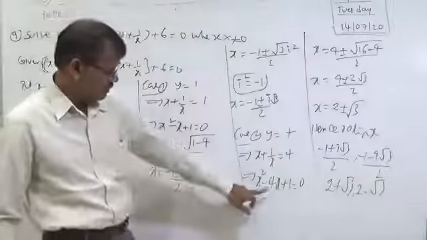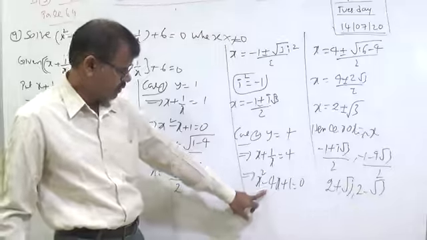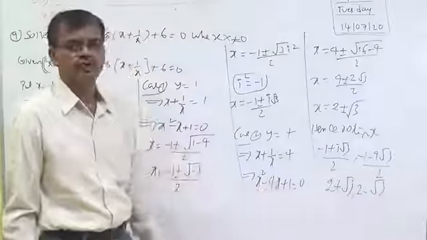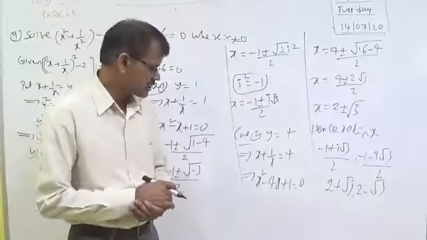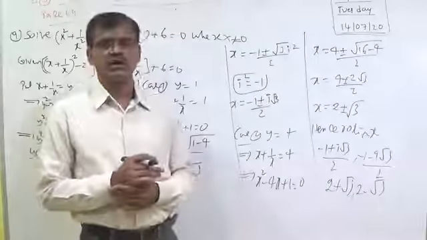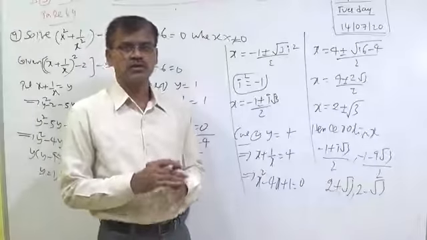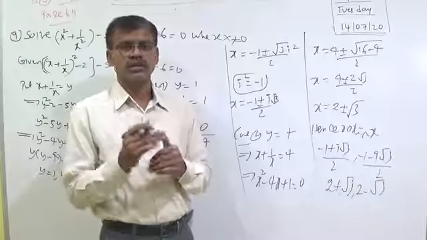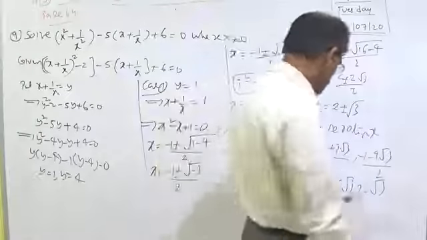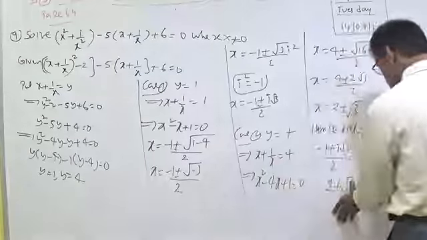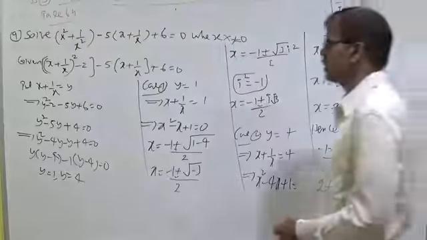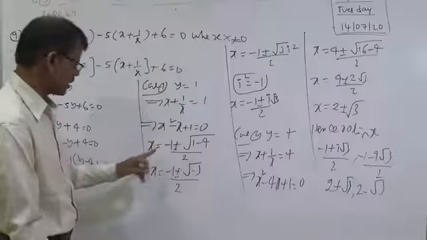If we calculate delta for this one, b square minus 4ac, 16 minus 4, 12. Whenever the roots are irrational and delta is greater than 0 and not a perfect square, then the roots are conjugate surds, 2 plus root 3 and 2 minus root 3. Surd means the form a plus root b and a minus root b.